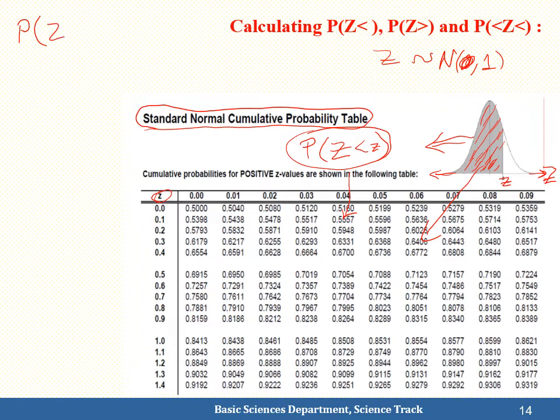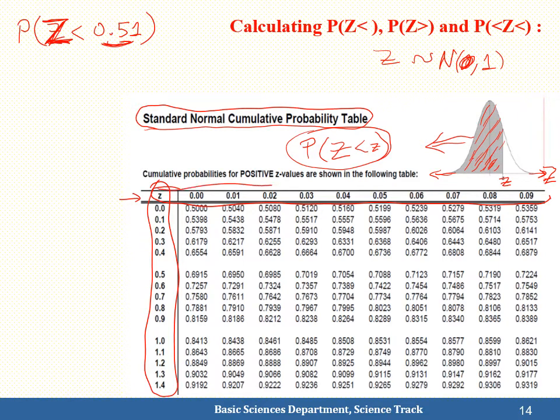So the probability that Z is less than, let's say, 0.51. In this case, this little z is now 0.51, and you have to find it in the table. How can you find it? This is big Z, by the way. For the little z, you have to check the first column and the first row.